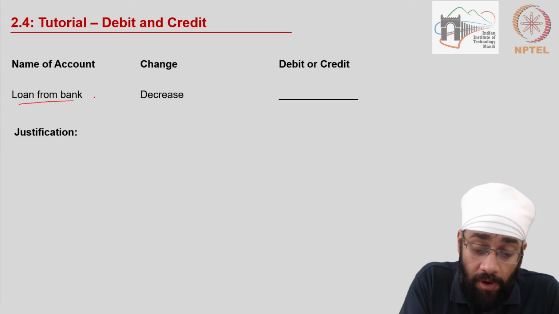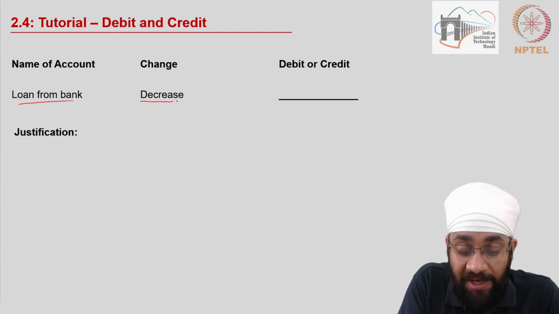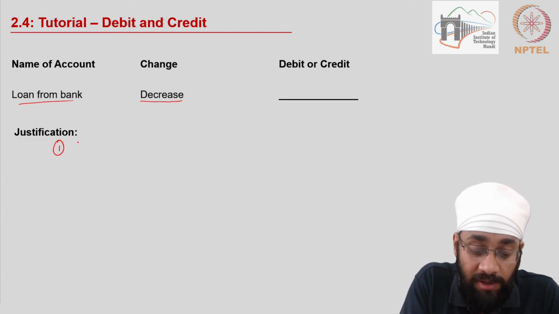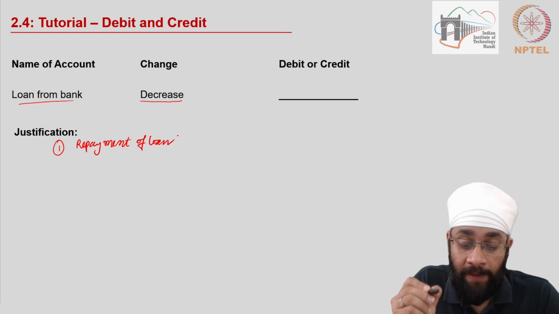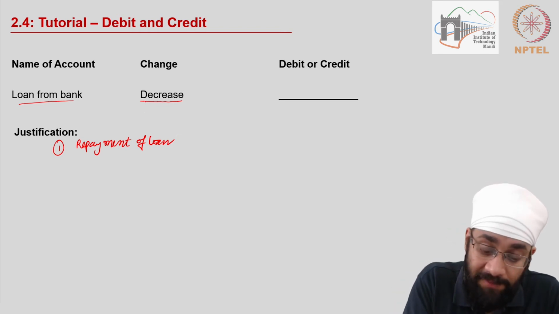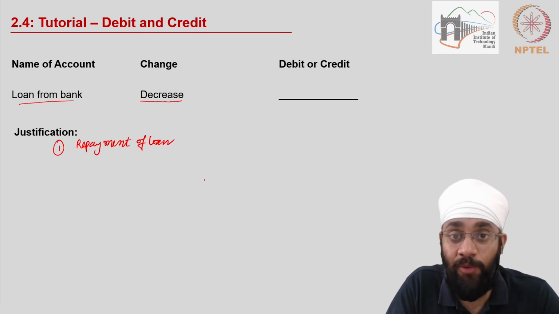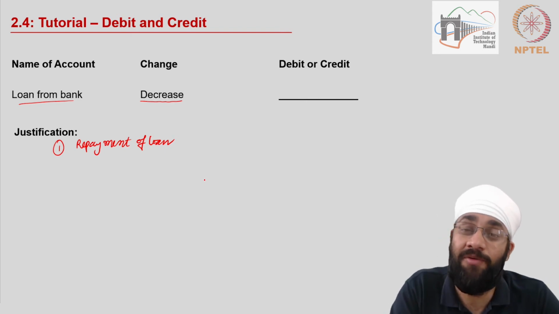Another is loan from bank. It decreases. When does loan decrease? When you repay it. You have done the repayment of loan. When you repay the loan, that means the bank no longer can have a claim on your business.